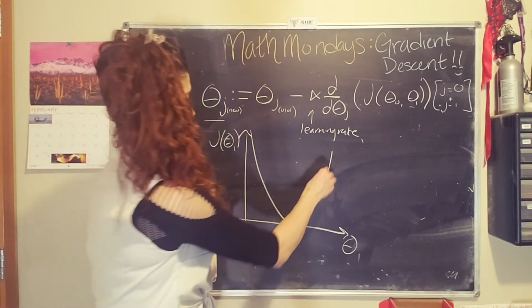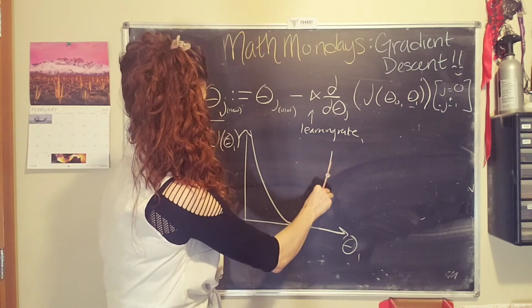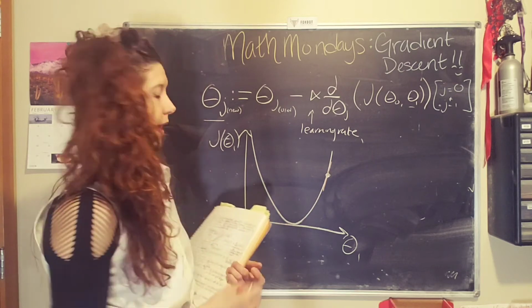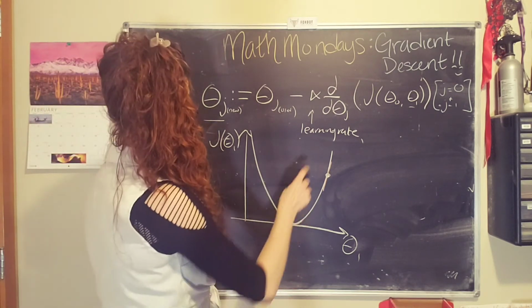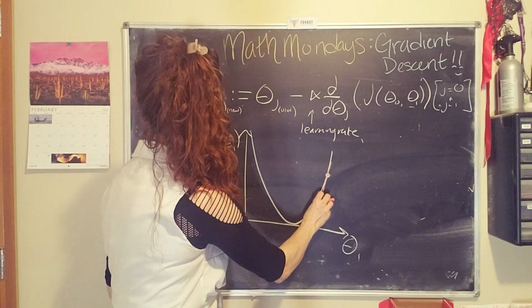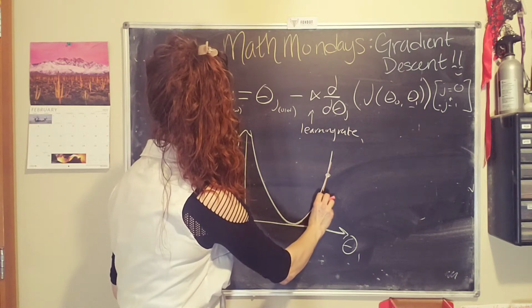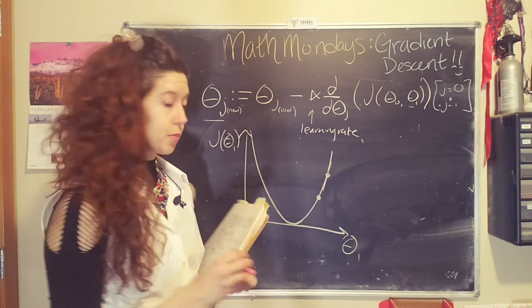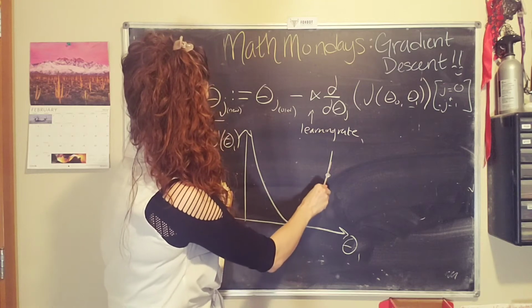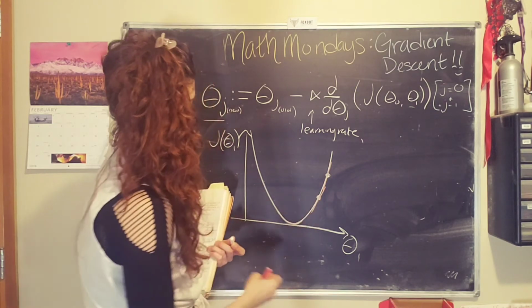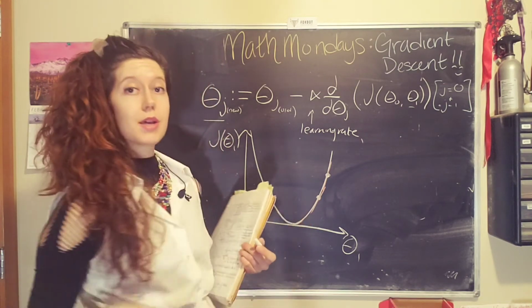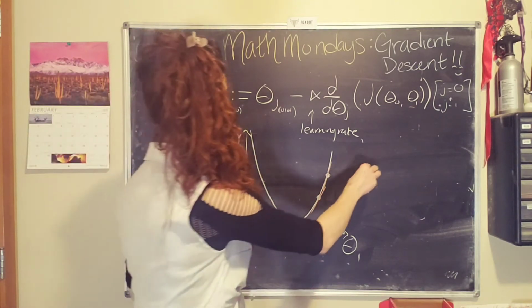When we take the partial derivative, we're going to get a tangent line with a slope like that. Because this is a steep slope, we are going to subtract that from our first point, and then we're going to move down the slope, and then we're going to do the partial again. We're going to get a slope that's smaller than the first slope.